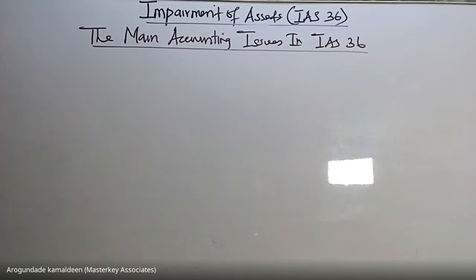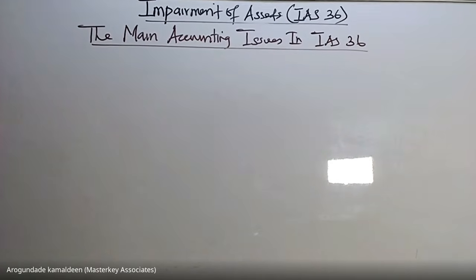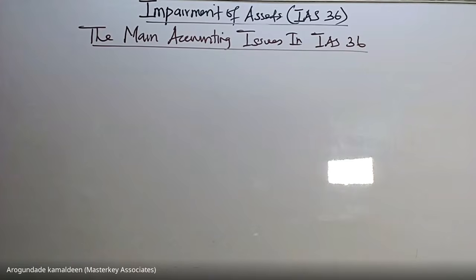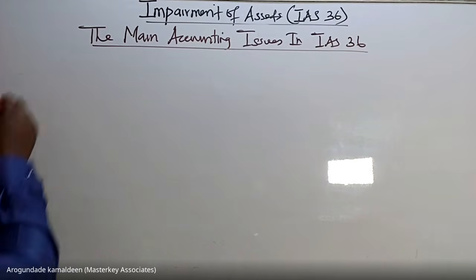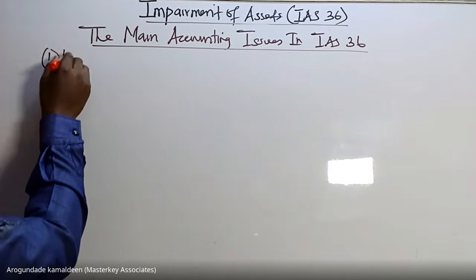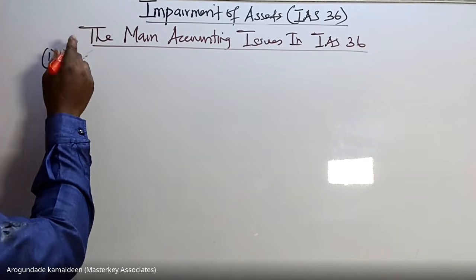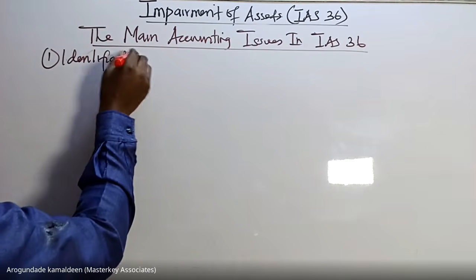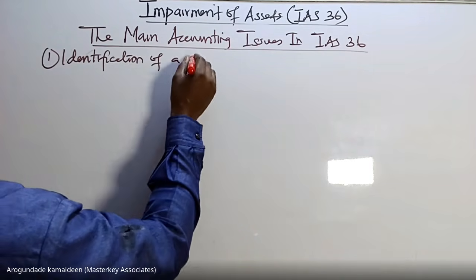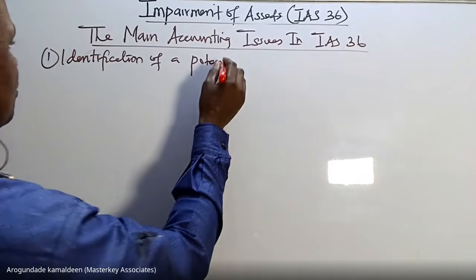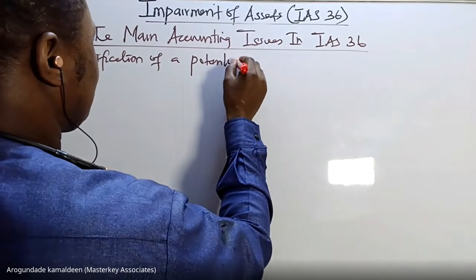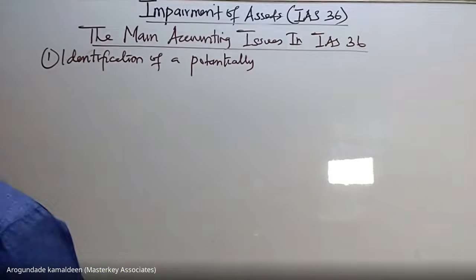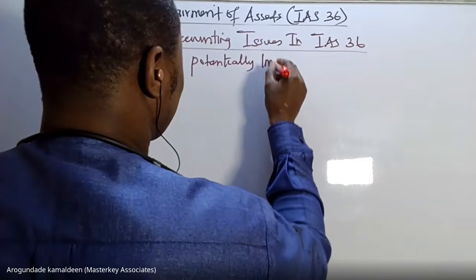What are the main things we need to look at under this standard? Number one is how to identify a potentially impaired asset. Identification of a potentially impaired asset.